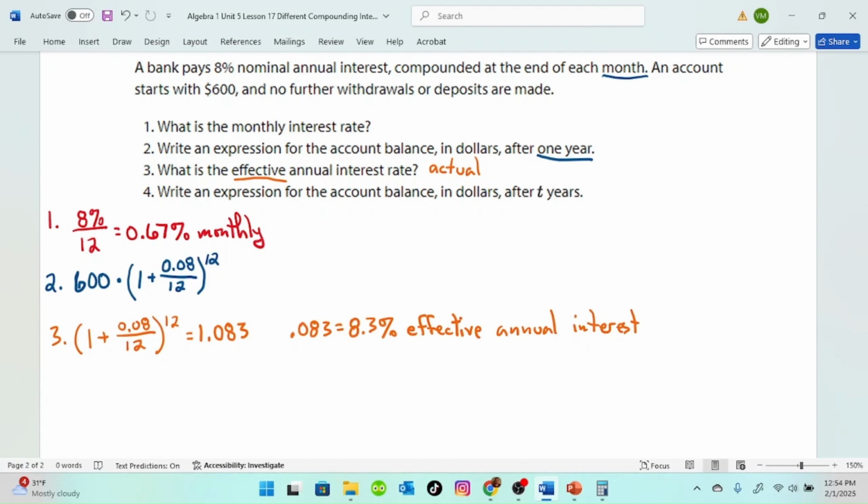So even though the bank advertises that they pay an 8% nominal interest rate, they're effectively paying 8.3% in reality.